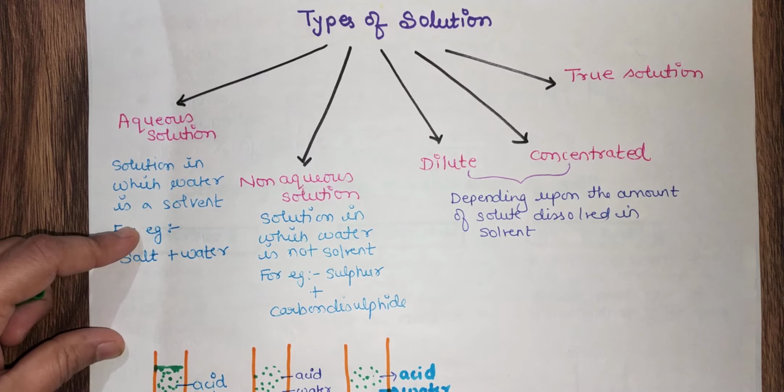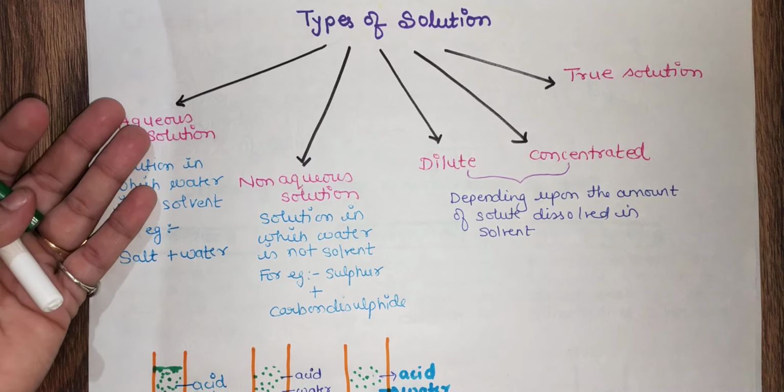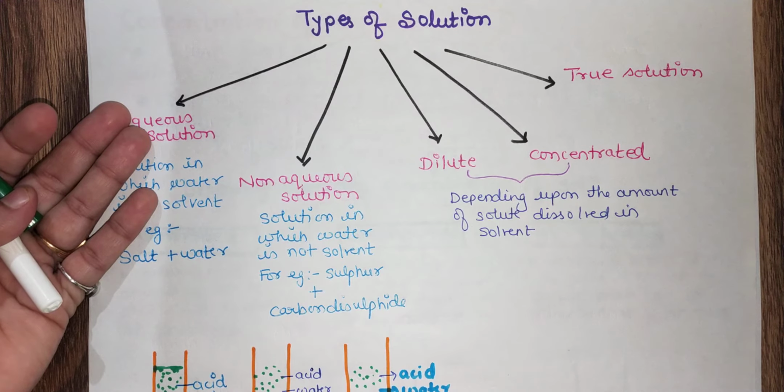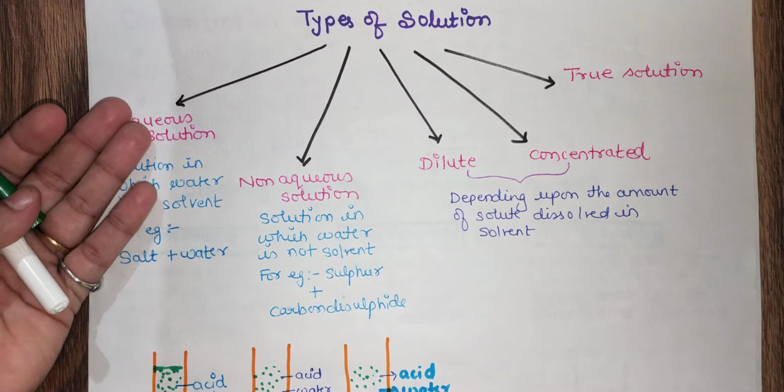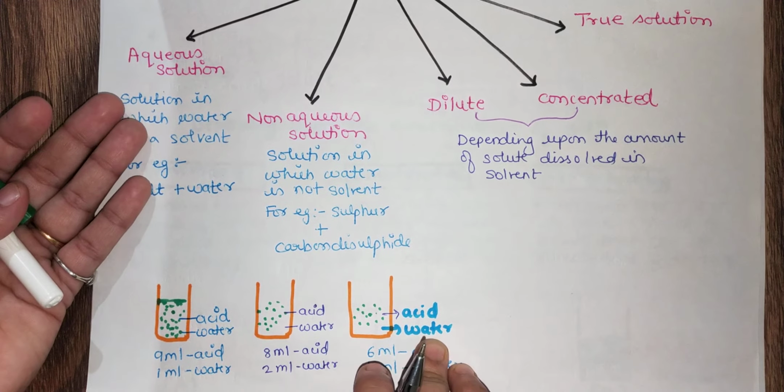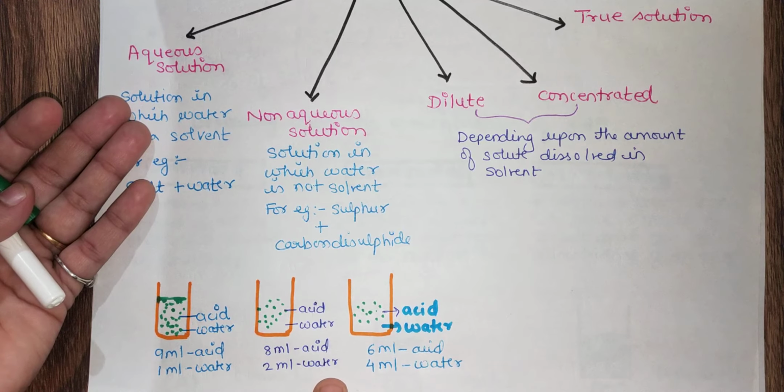So you can see that gradually the amount of your solute is decreasing, whereas your solvent keeps on increasing.